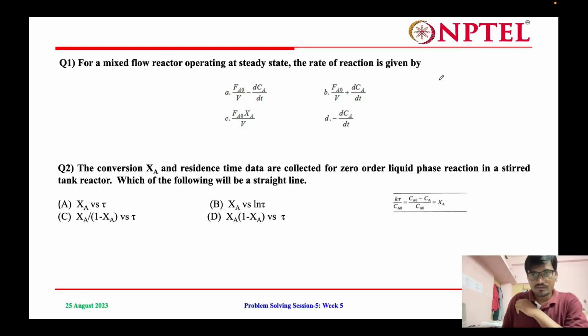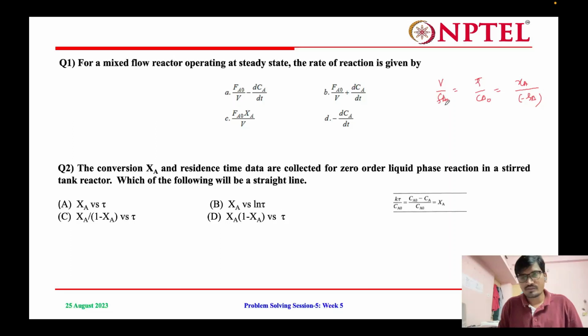As you know, the performance equation for mixed flow, the CSTR, is V divided by FA naught equals tau divided by CA naught equals XA divided by minus RA. Here V is the volume, FA naught is the molar feed rate, and tau is the space time.